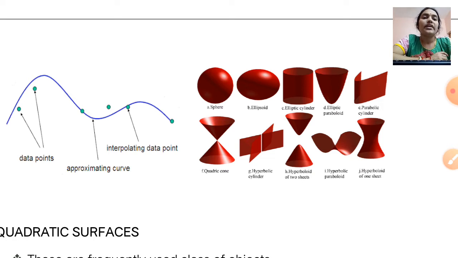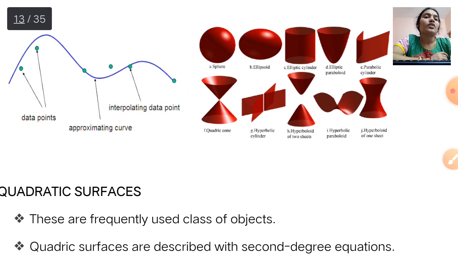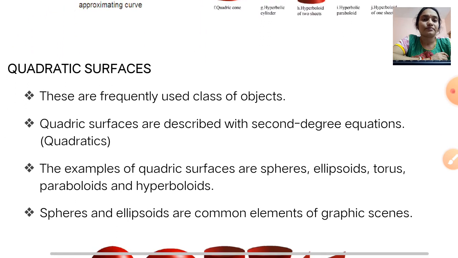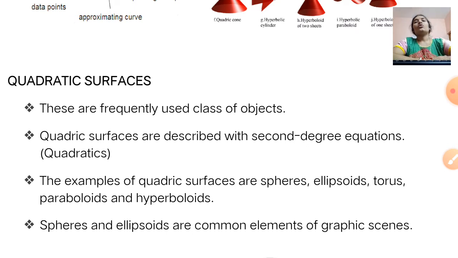Okay, let us come to the point of quadratic surfaces. Quadratic surfaces are a frequently used class of objects. That means in quadratic surfaces different objects are used.